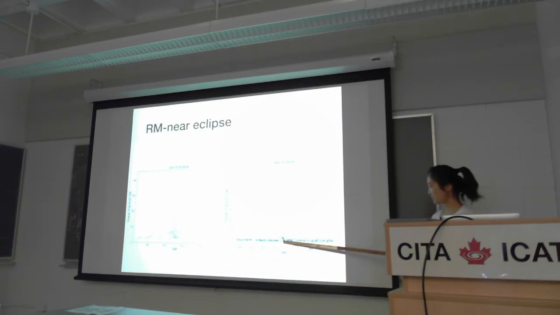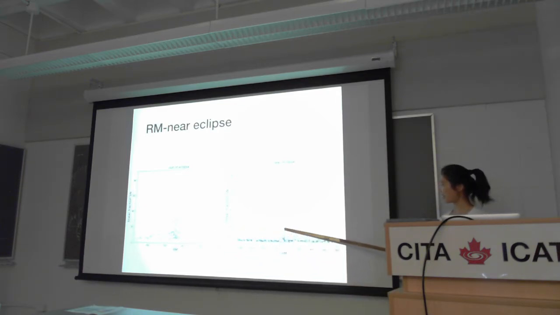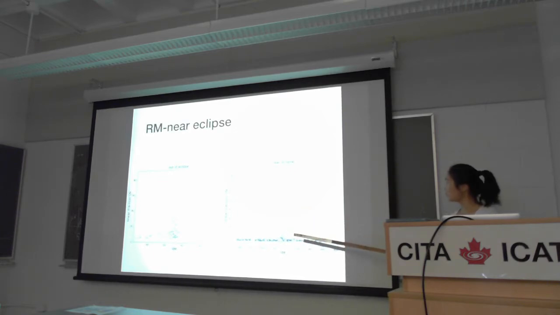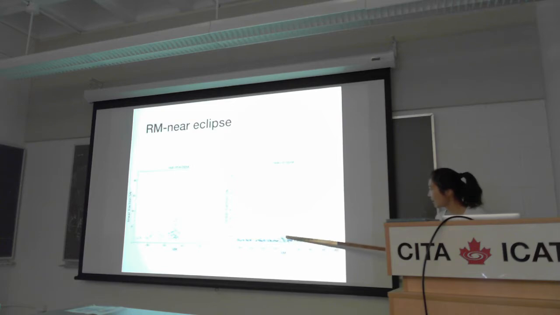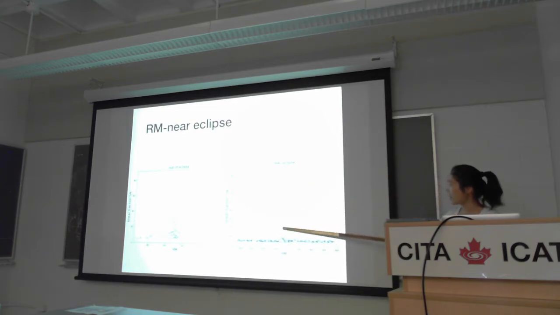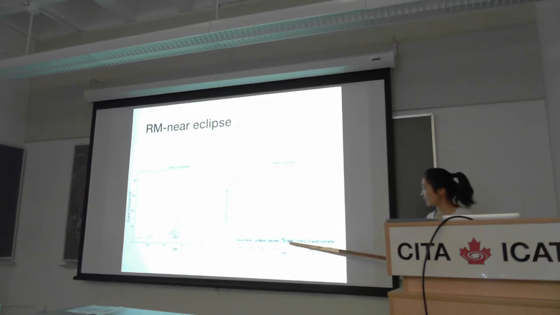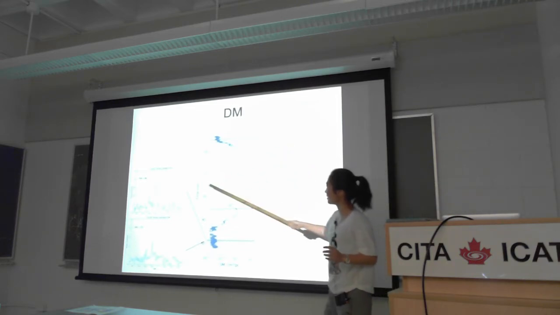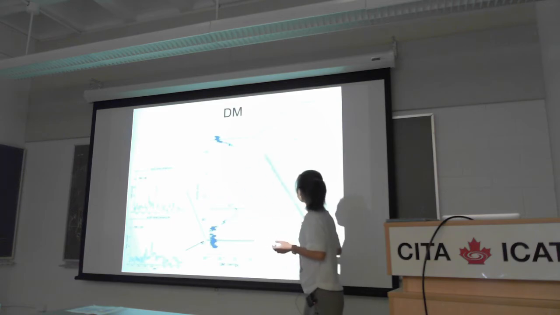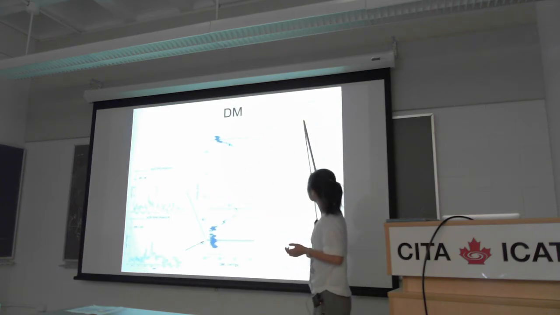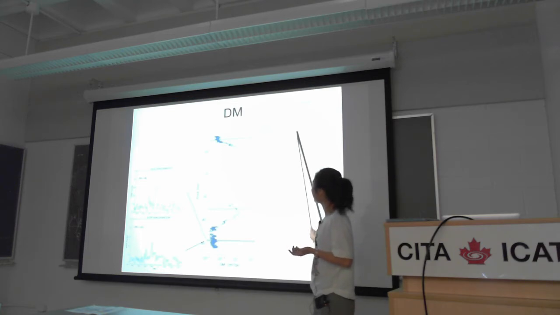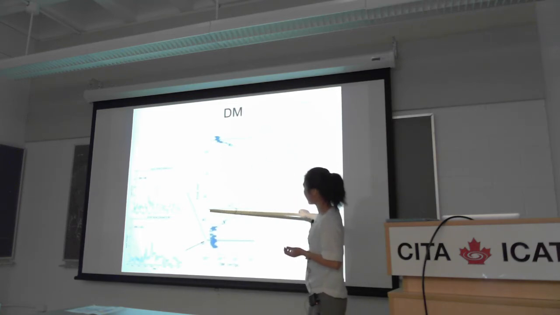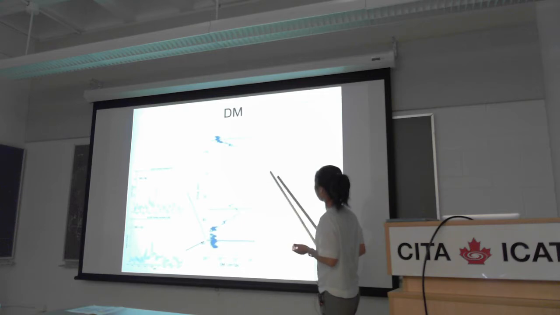But I do seem to see a small spike that appears here, and this is the measured RM out of eclipse. If you zoom in on each individual pulse that the spike has, you'll see a slight shift, but not that large. But unfortunately, for those with higher DM, I haven't had very good examples.